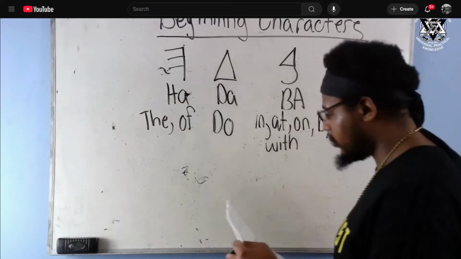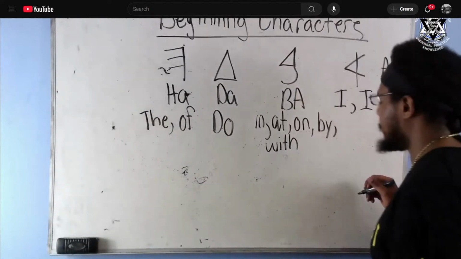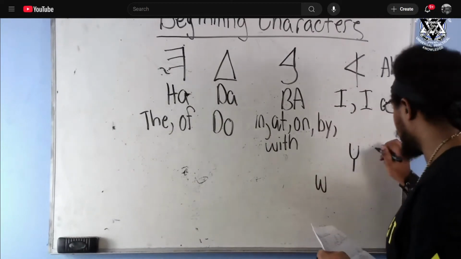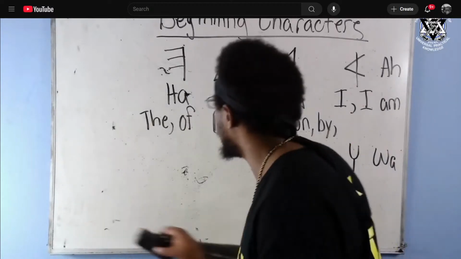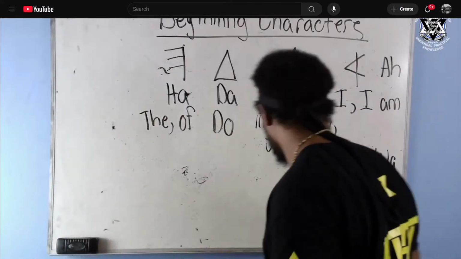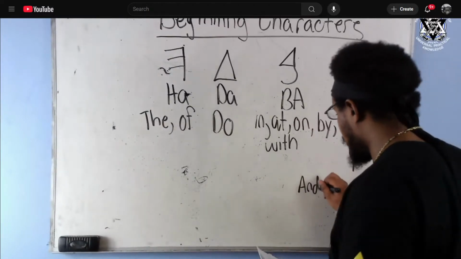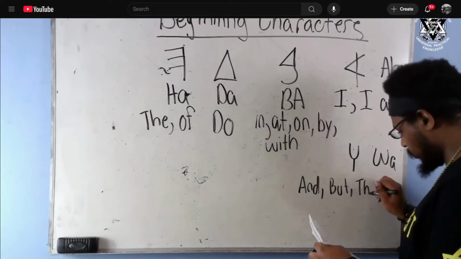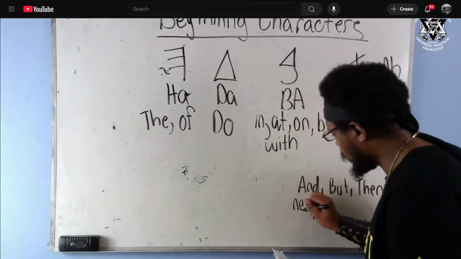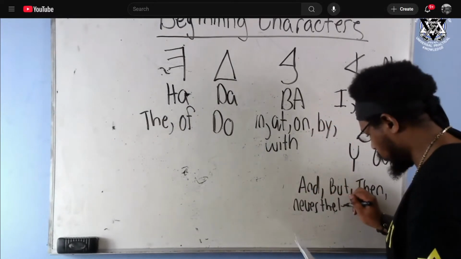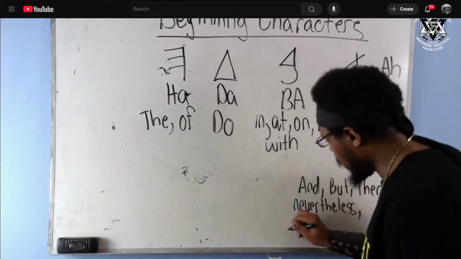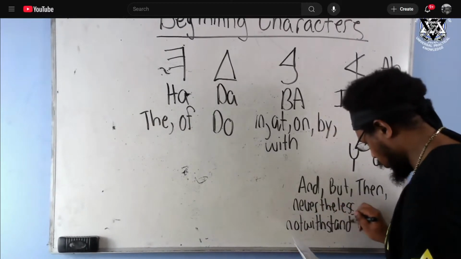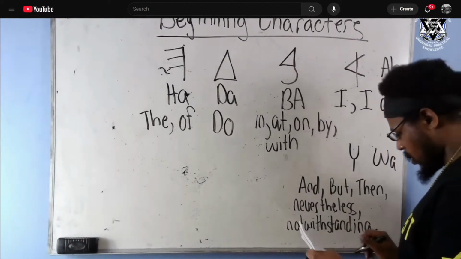Okay. Then we got Wa. Wa means and at the beginning of the word, but, then, nevertheless, notwithstanding, now therefore.